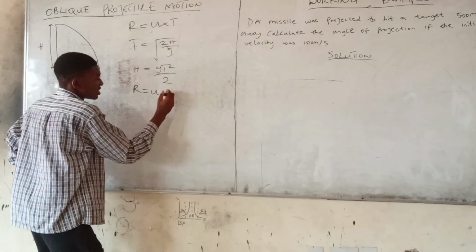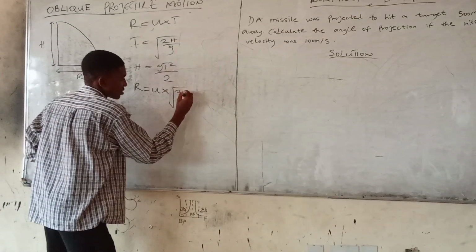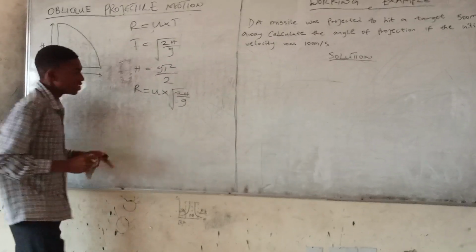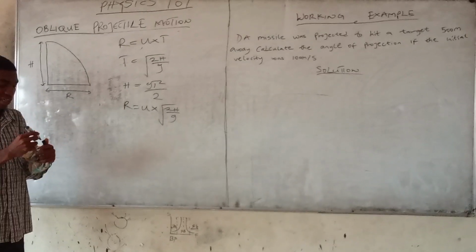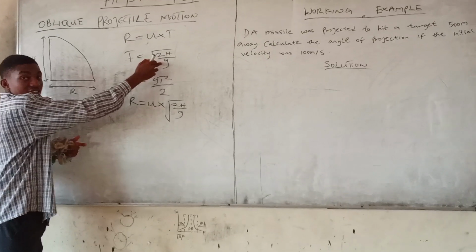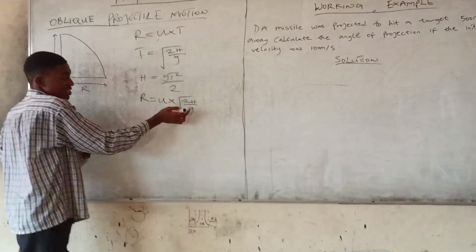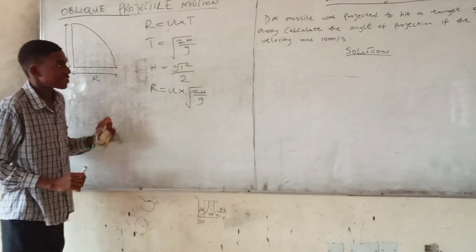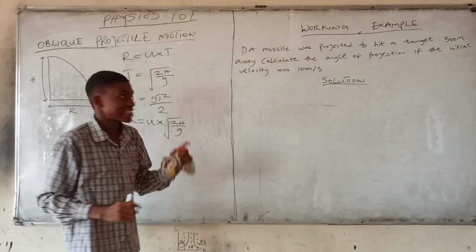So we can put it like this. This is also range. Either this or this is the same thing, because period is this. So we replace this t with this. So that is oblique.